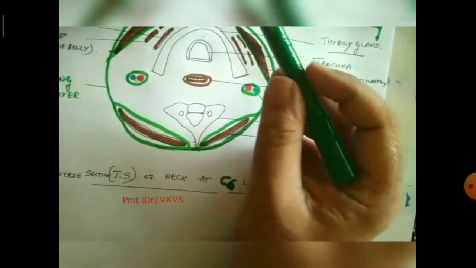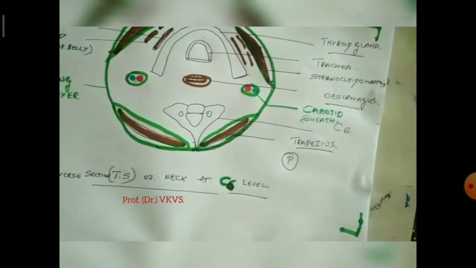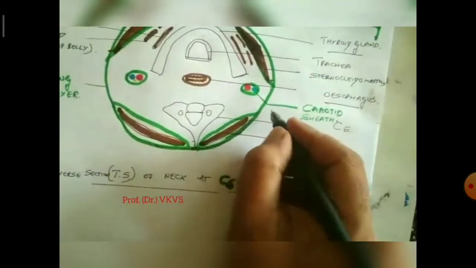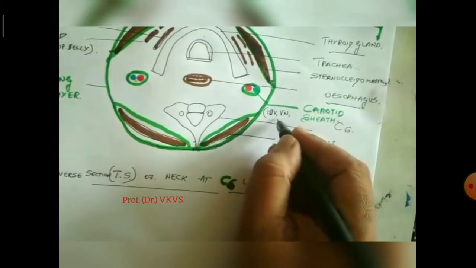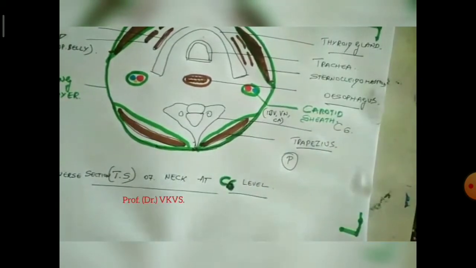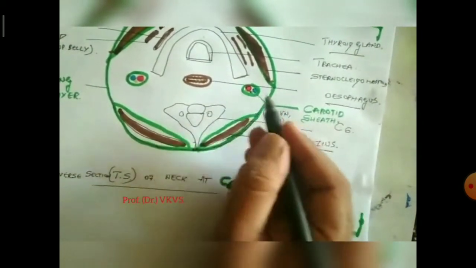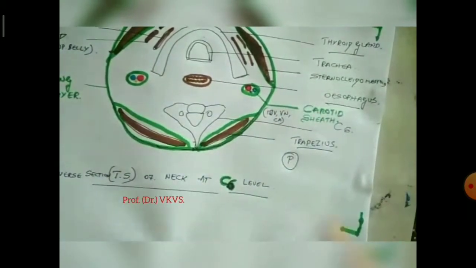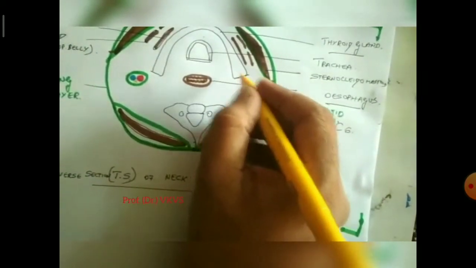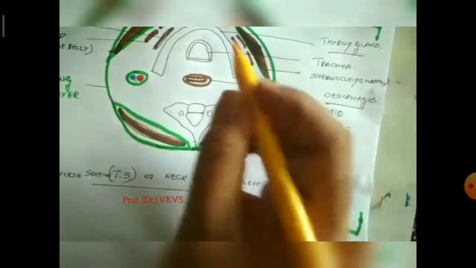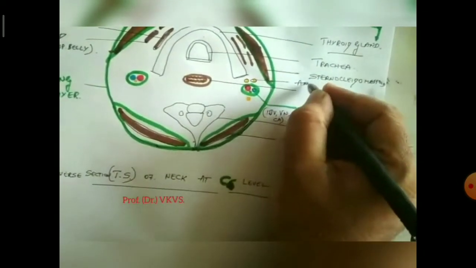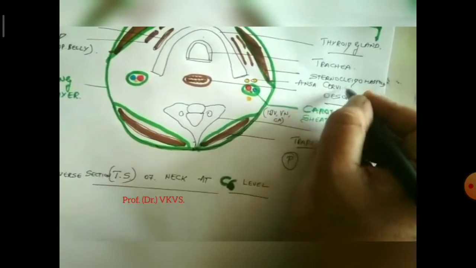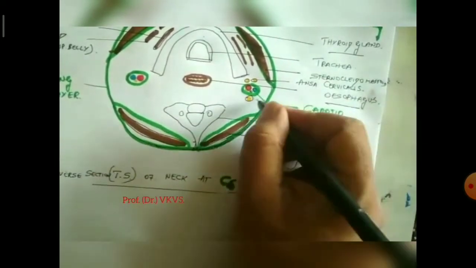The carotid sheath is related to the ansa cervicalis anteriorly. So three structures are there, we will label them. Anterior to the carotid sheath, you have the ansa cervicalis.